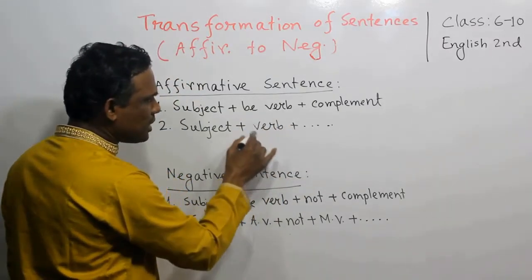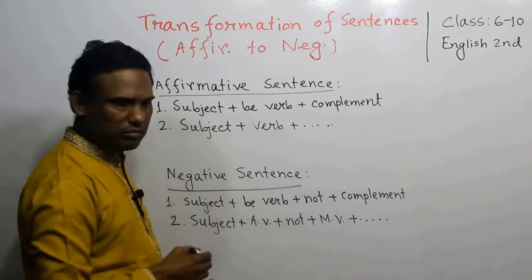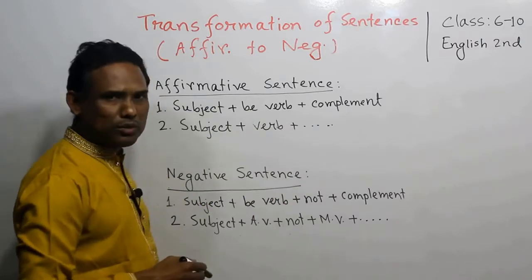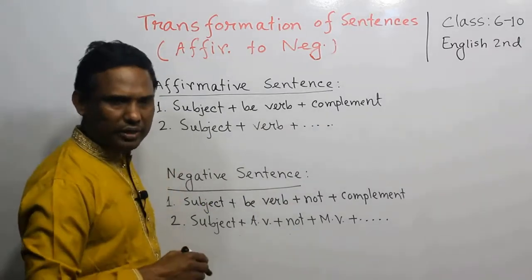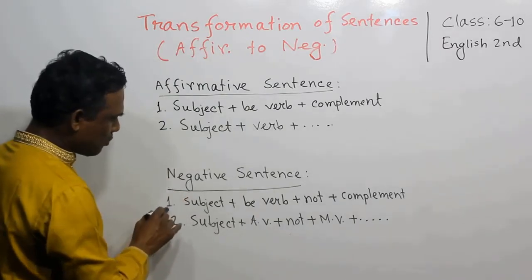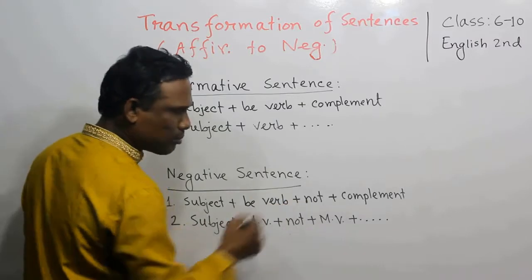If it is an intransitive verb, it is followed by extension. If it is a transitive verb, it is followed by object plus extension. Okay. Now, negative sentence. Number 1, subject plus be verb plus not plus complement.